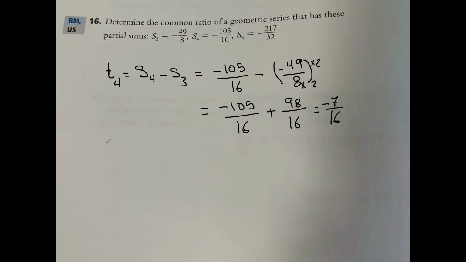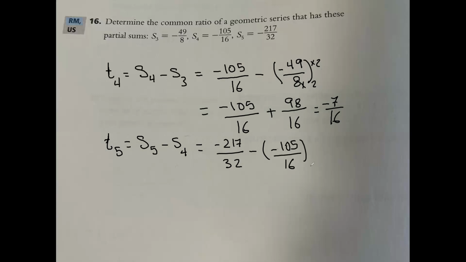Now let's find T5. And so T5 also would be S5 minus S4, which equals negative 217 over 32 minus negative 105 over 16.